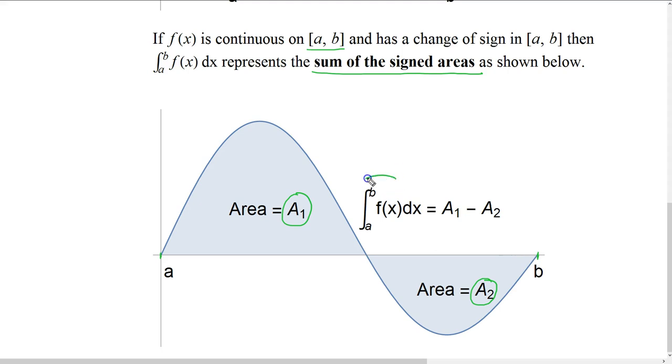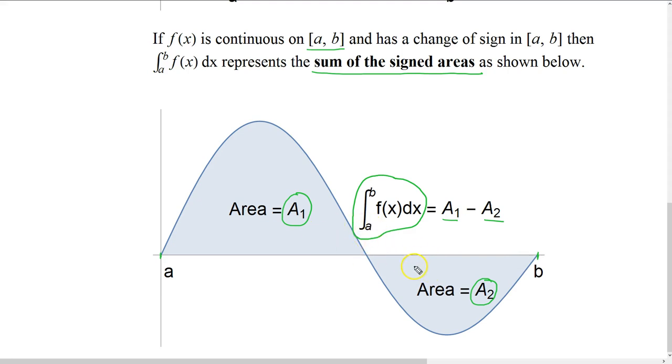Now, if you were to evaluate the definite integral from a to b of f of x dx using the limit of the approximating sums, the number you would get back would actually be a1 minus a2. So the definite integral doesn't give you the total area, it gives you the sum of the signed areas. The definite integral treats the area where the function is below the x-axis as being negative.